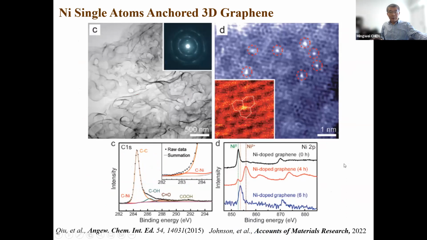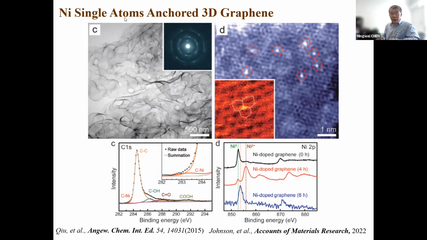Besides this kind of chemical doping, because of the large surface area and high conductivity, 3D graphene is also an appealing subject for loading single atom catalysts. One example shown here is loading a nickel single atom catalyst into this 3D graphene.